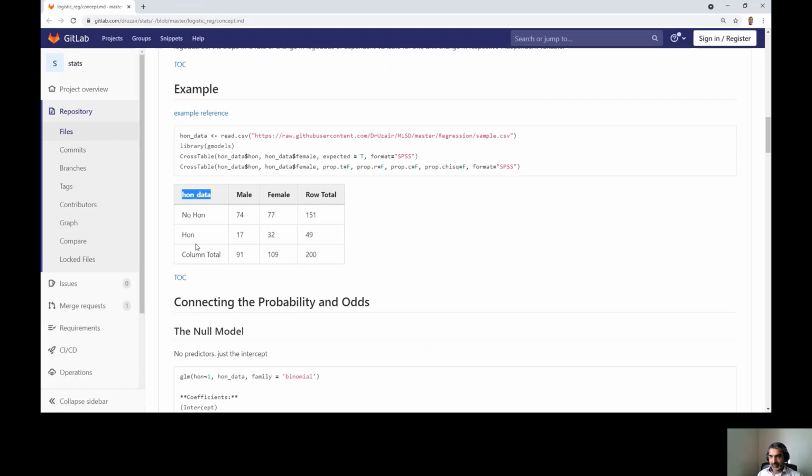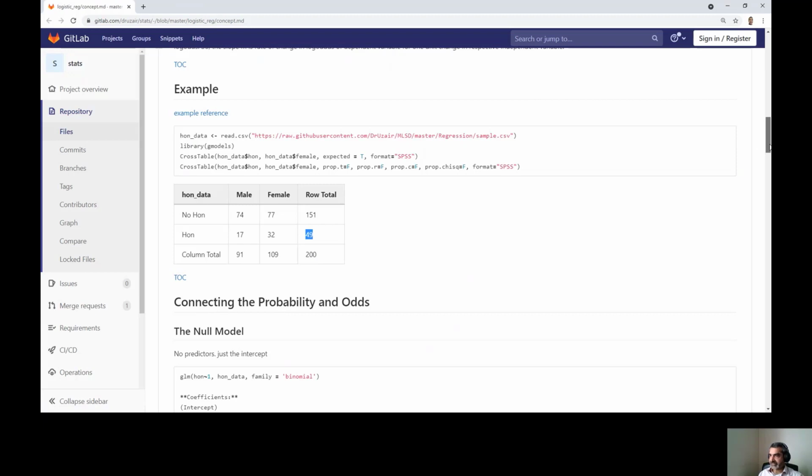This is the dependent variable. If we look at the total, there are 150 non-honors students, 49 honors students, total 200. So the probability for a randomly picked student to be in the honors class will be 49 by 200.